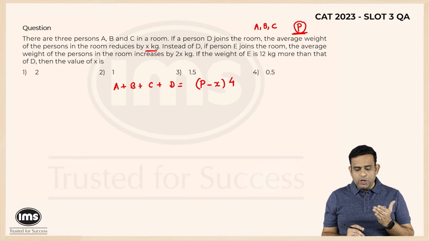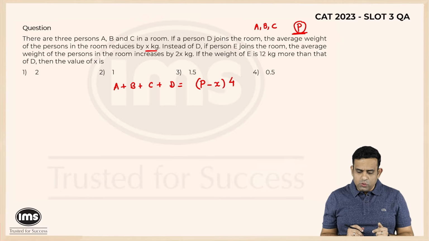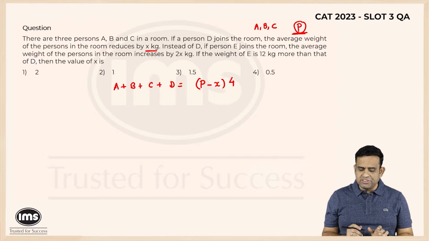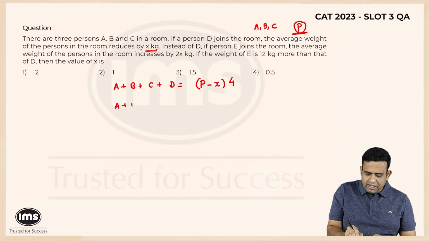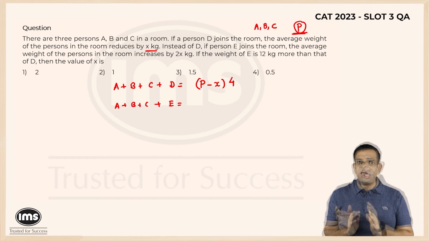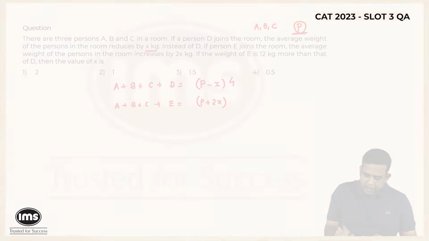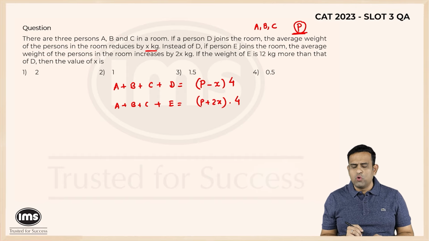Now they are saying instead of D, if the person E joins the room, the average weight of the person in the room increases by 2x kg. So if I have the person A, B and C joined by E, in that particular case the average will become P plus 2x, and the number of people basically are 4 over here.